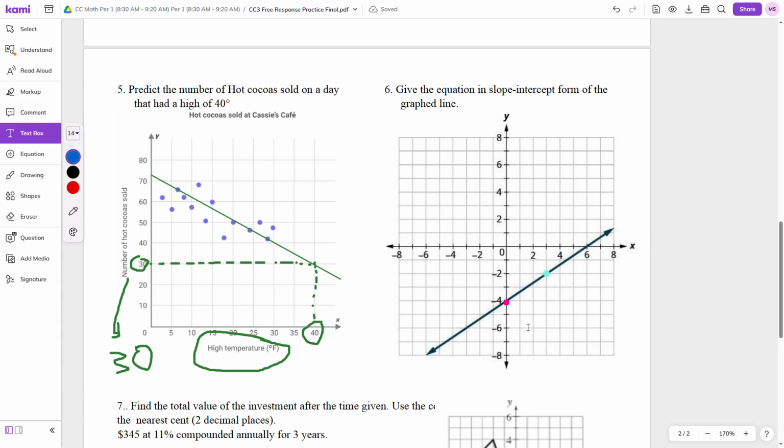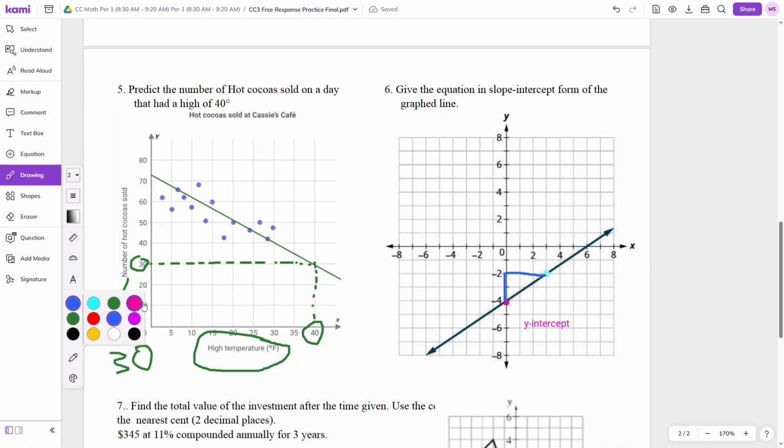And I'll give that a little label here: y-intercept. And that's nice. And once I have the y-intercept, I'm going to do the slope. So I have the rise, and then I have the run.